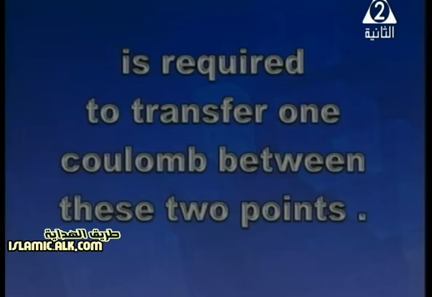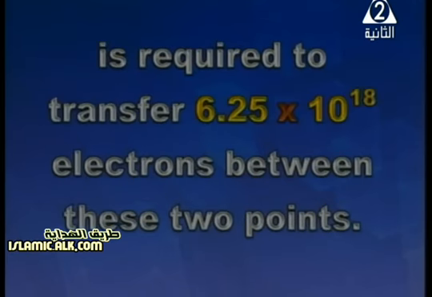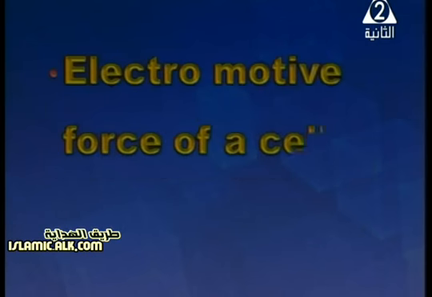And we've got something very similar to potential difference. It is V battery or electromotive force of a cell. What's meant by electromotive force of a cell? It is denoted by EMF or V battery. It is the work required to transfer one coulomb, unit charge, through the whole circuit.